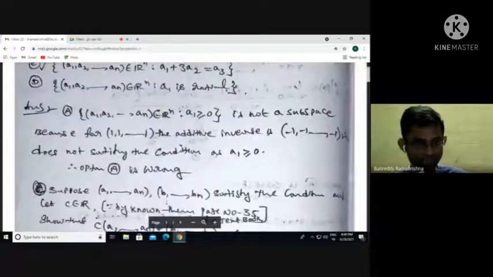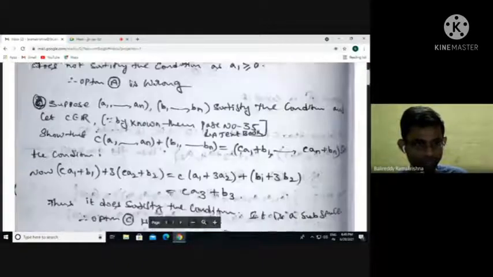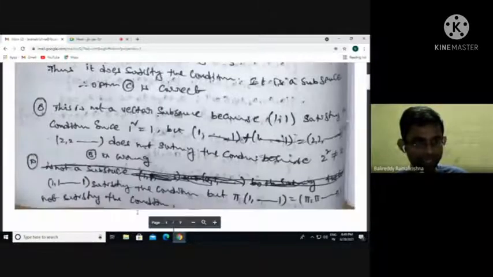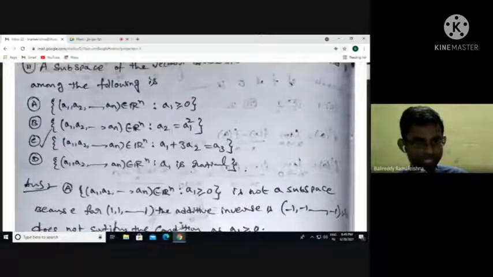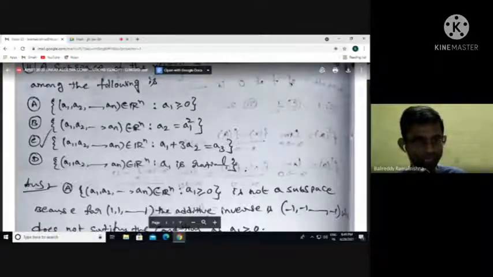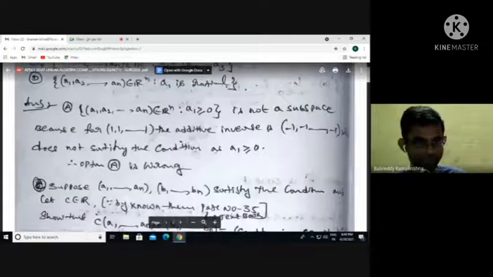Okay. Now we will see option number B. Option number B is, set of all n tuples a1 a2 so on an belongs to R power n such that a2 is equal to a1 square, means second coordinate a2 is equal to first coordinate square, means a1 square.